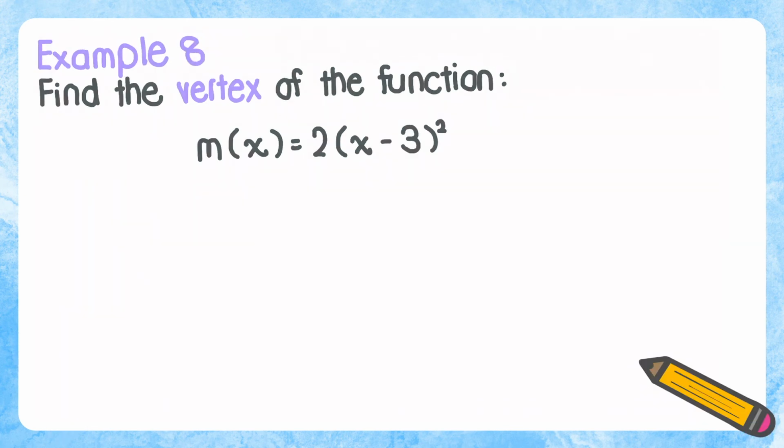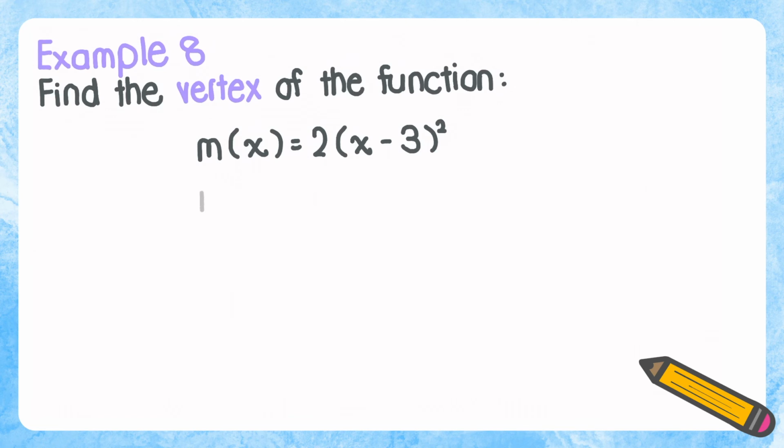Here we have the function m of x equals 2 times x minus 3 quantity squared. What's the vertex for this function?